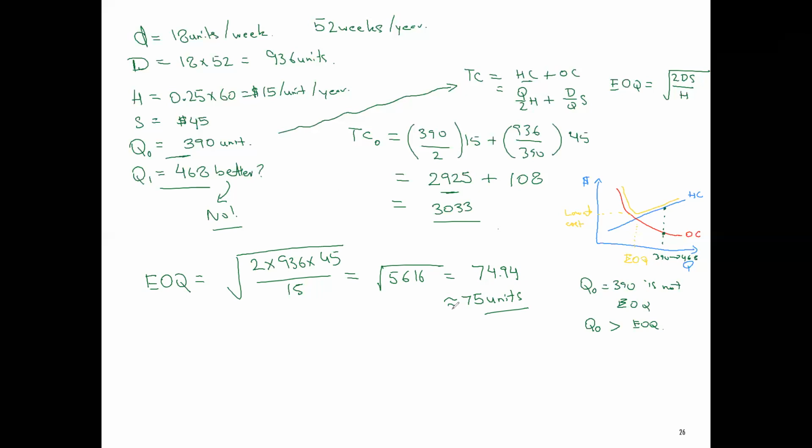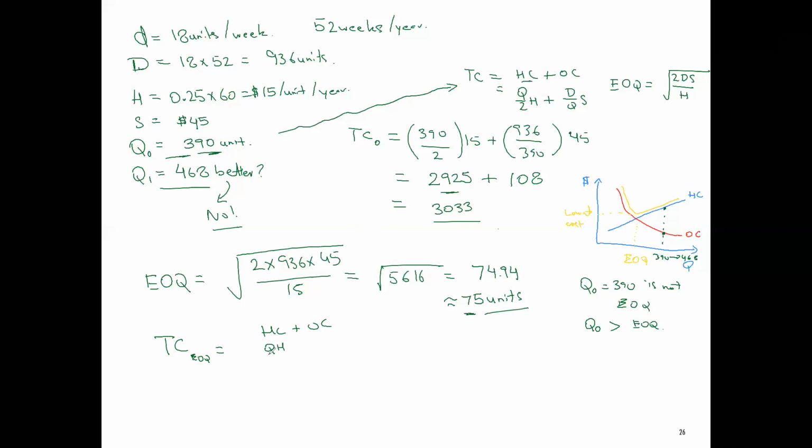Now, if I change my ordering policy from 390 to 75 units, what will be my minimum cost? So I will call it total cost EOQ. So my total cost EOQ will be, again, using the same formula, where total cost is holding cost plus ordering cost.